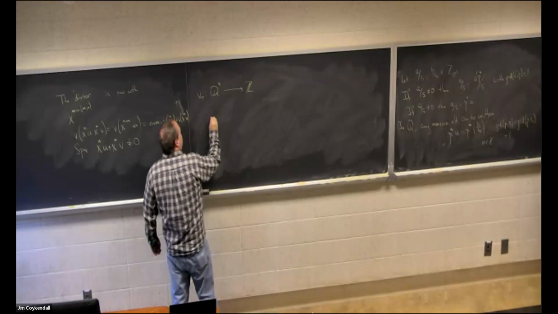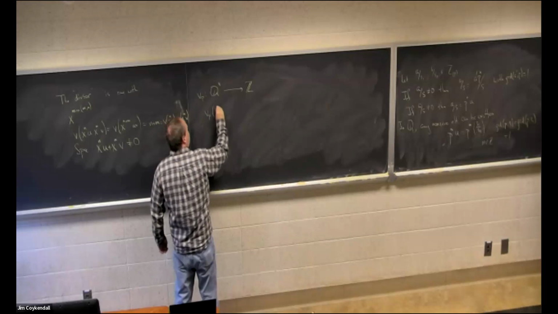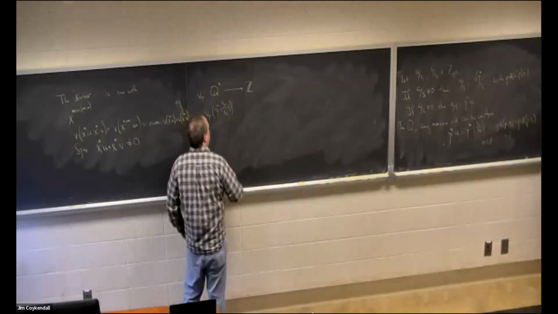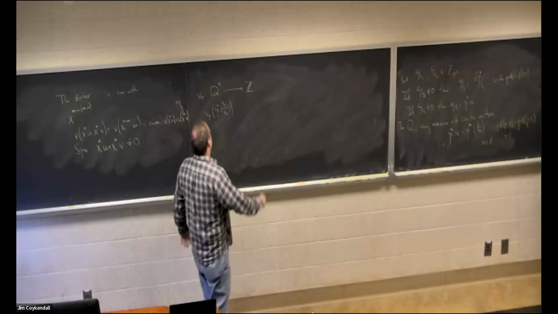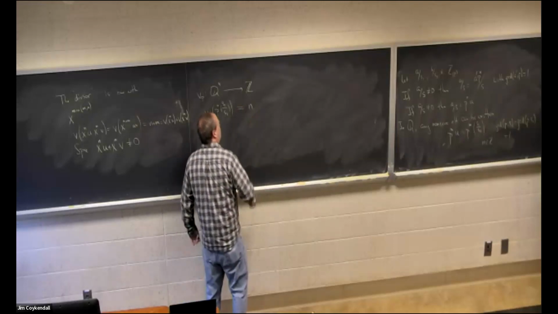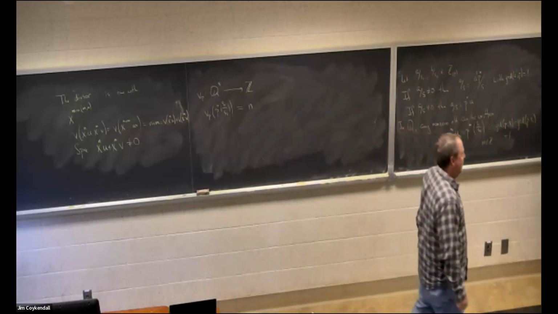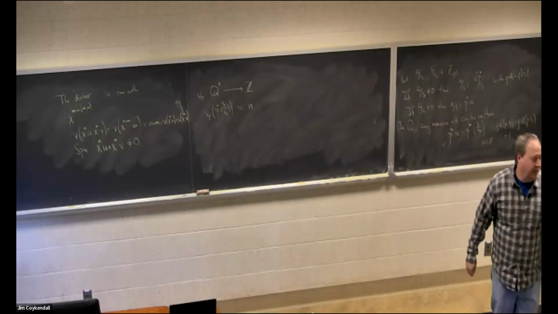Write your element as P to the n times S1 over S2, like in this form here, and it goes to n. This is what is called the p-adic valuation. There's one for every prime.